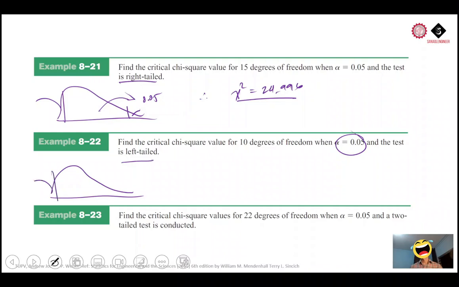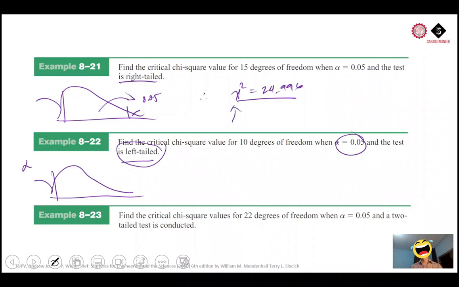So I think the best way to verify is not to be confused with the left and the alpha. You just have to concentrate on whether it is right-tailed or left-tailed, and of course the absolute value of the chi-squared.